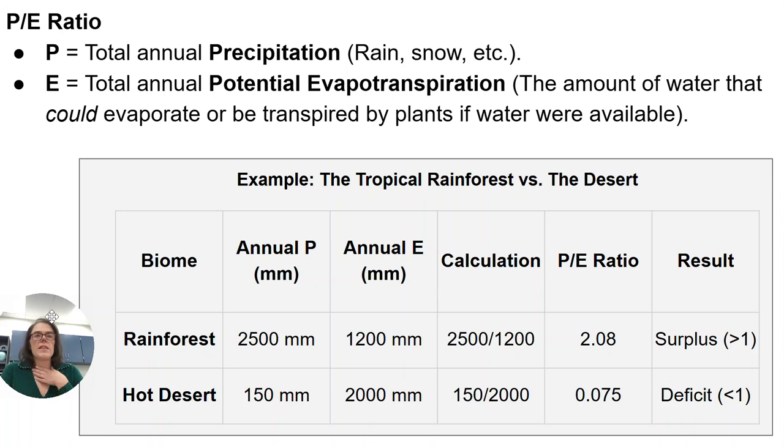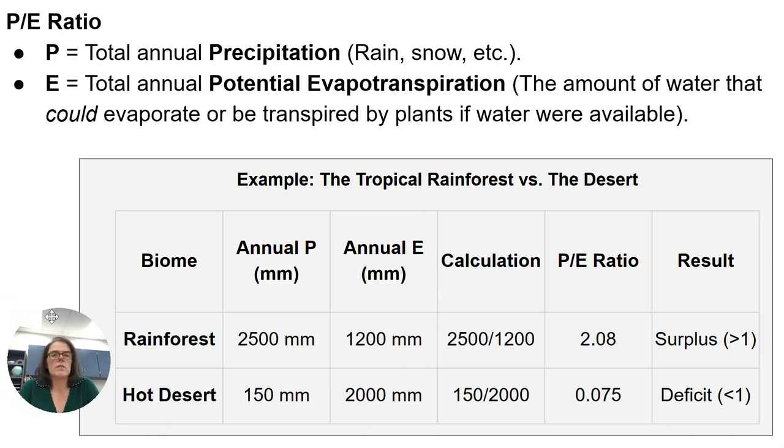That is a high PE ratio, so that's going to have high productivity. That tells us something about the biome. In the opposite sense, the desert has a low annual precipitation divided by a high evapotranspiration. We get a number lower than 1, and that gives us information about that biome. You can make this calculation for any of the biomes and figure out where you are between these two extremes.